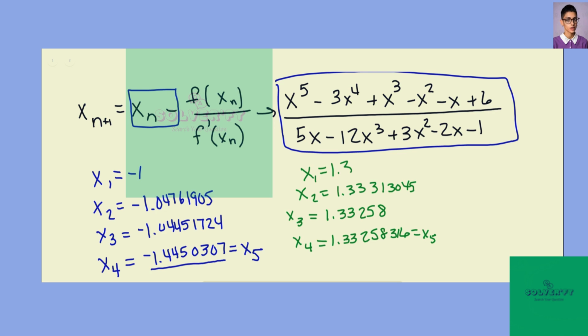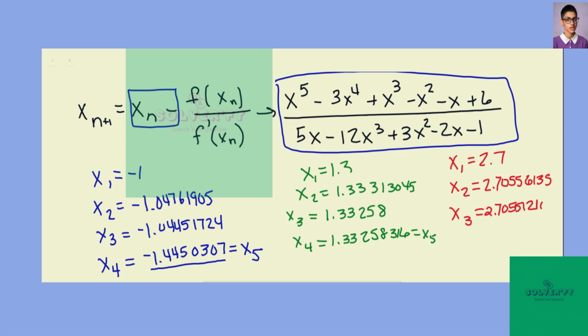And then when I do it for 2.7, x sub 1 equals 2.7. For x sub 2, when I put in 2.7, I get 2.70556135. I put that in for my ask, and I get 2.7055 1210. So you can see it's converging.